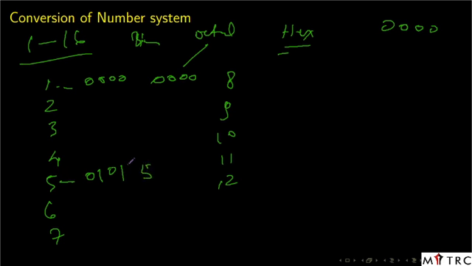In hexadecimal it is also 5 only. Say for example we have 7, its binary equivalent is 111, the octal representation is 7, and the hexadecimal is also 7.